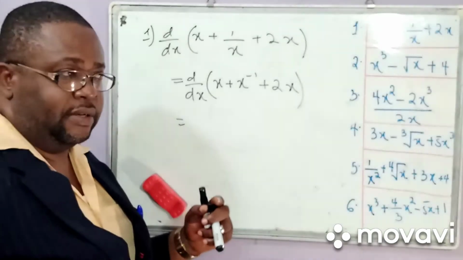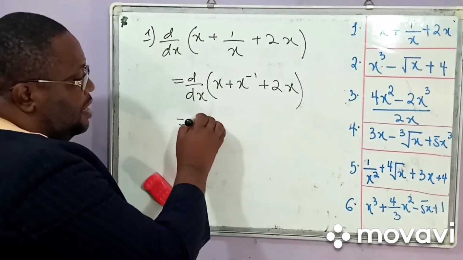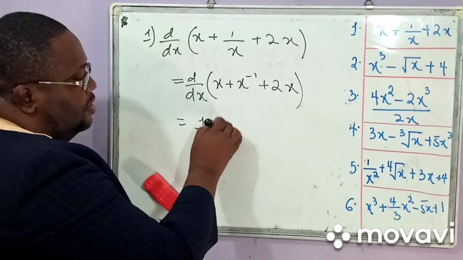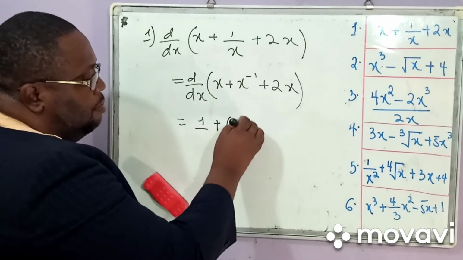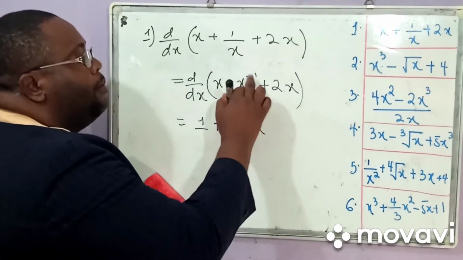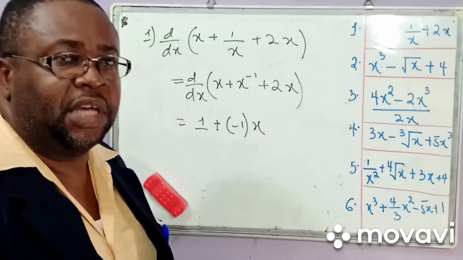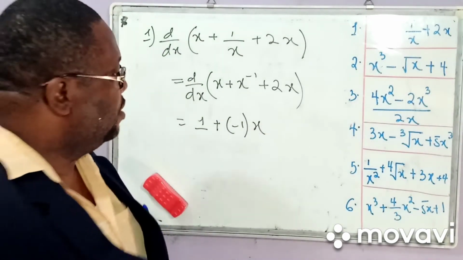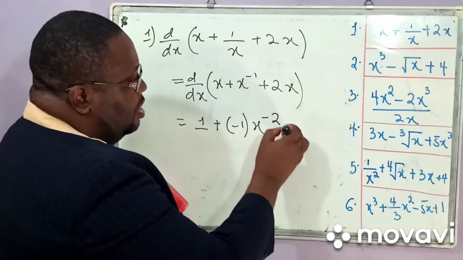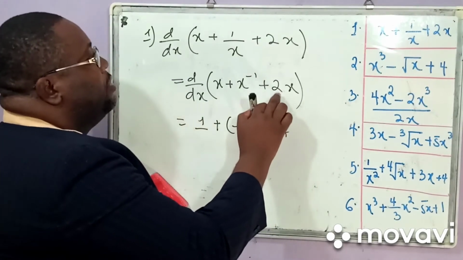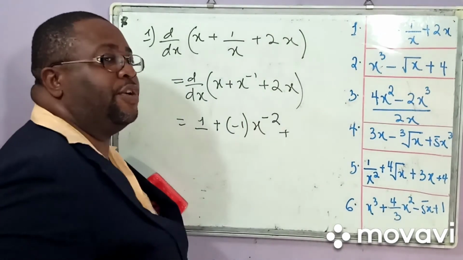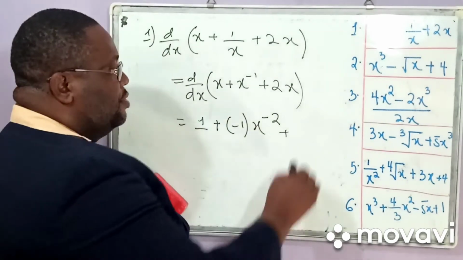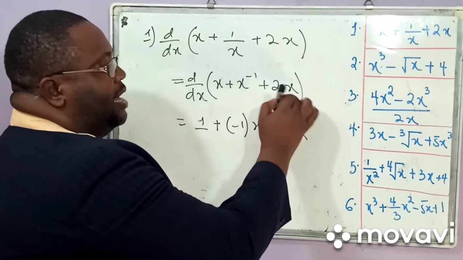Now when you differentiate x, x is still the same thing like ax, because the a here is 1. So when you differentiate x, you simply get 1 plus, then you bring down minus 1 multiplied by x. Minus 1 gives me negative 2. So I have negative 2 here, plus, then here, when you differentiate 2x, what happens? You simply get 2. This is ax.